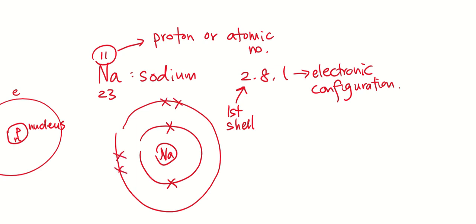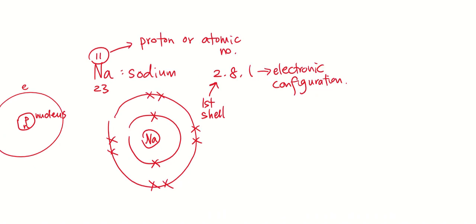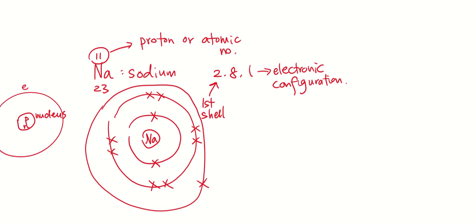I can accommodate 8. Why 8? Because Chinese like the number 8. Just a lame story to help you all remember. Then the last shell has only 1 electron left. So this is how we represent the electronic configuration of sodium. This is how you need to draw, if they say draw an atom of sodium.